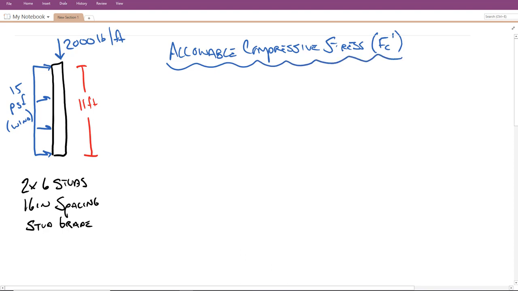So this is no different than what we did on our previous homework assignment. Recall that we've identified that this particular wall, because it's a stud wall, I'm going to make the assumption that it's load bearing.